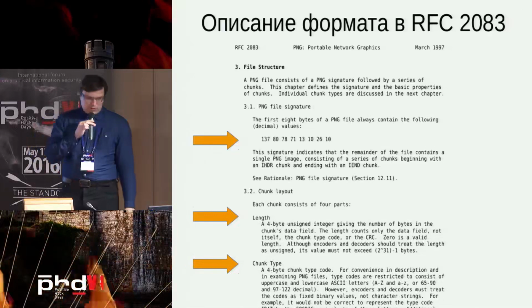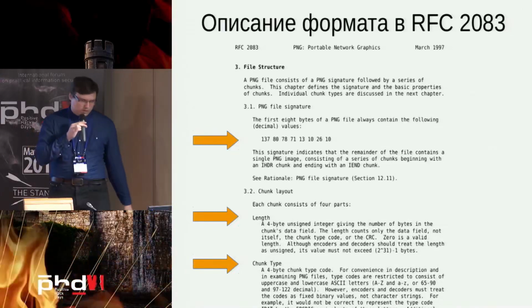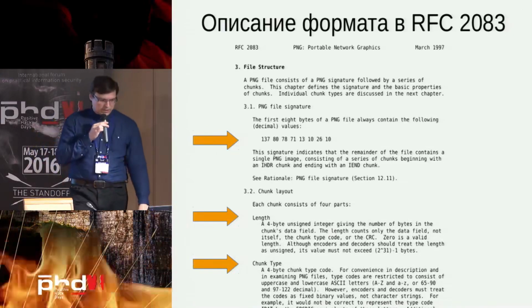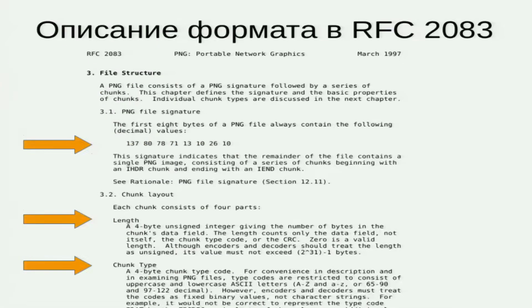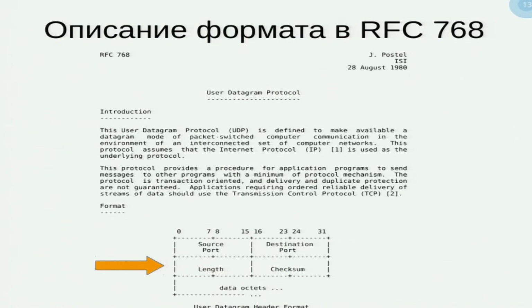You can have a look at the RFC illustrating the popular PNG format. You can also see here the signatures described as chunks. You can see this type of bytes here and there.